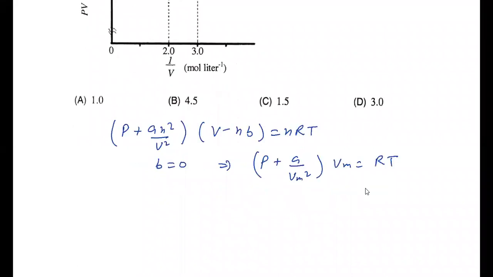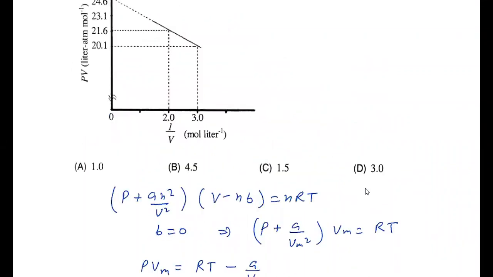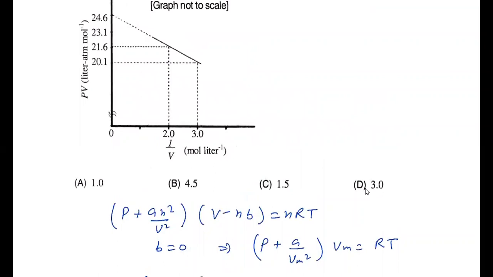And if you plot it as PVm is equal to RT minus A by Vm, this will be the equation. Now you will simply compare. We are plotting actually PVm versus 1 by Vm. So in this plot, your slope is minus A. Just compare y is equal to mx plus c. So you can easily say that the slope is minus A.